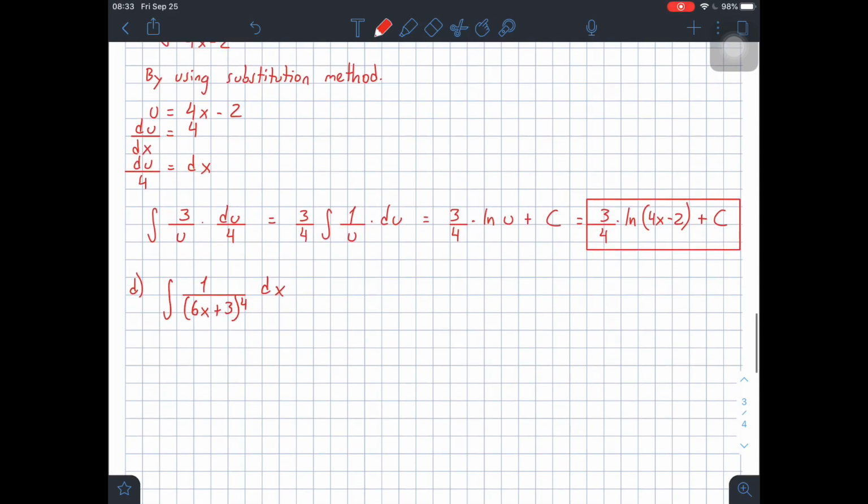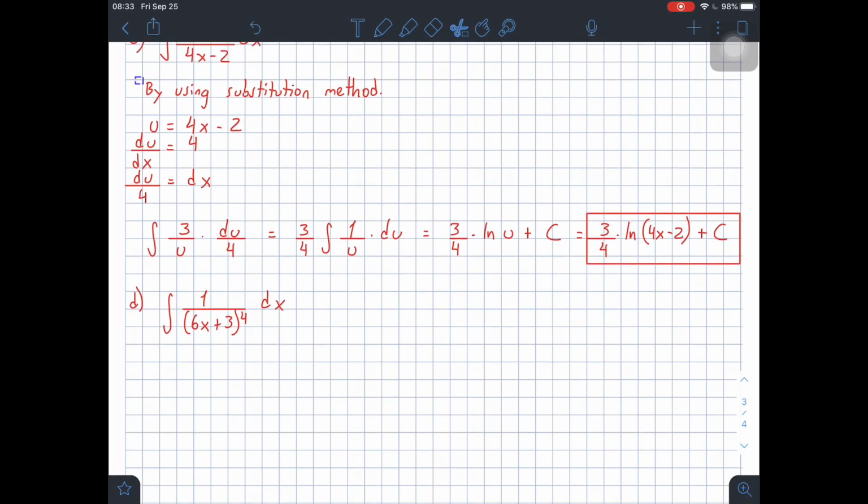And, okay, first thing I need to realize is that I do not have any rule for finding the integral of this. I would have to make a variable change in order to be able to do the integral. So, again, we're going to be using the substitution method.